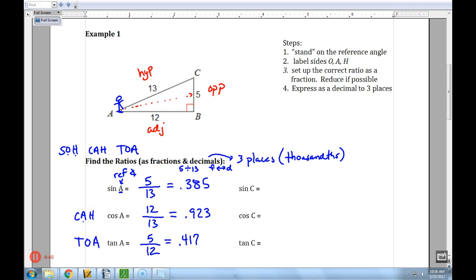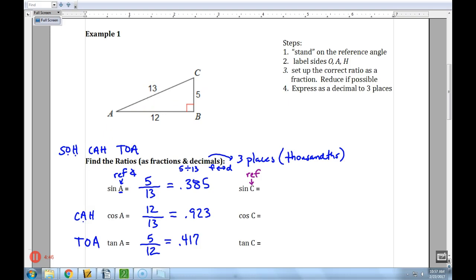Now for the second column over here, the game changes slightly. I'll do these in purple. Now our reference angle, or our point of view, is at C. So I'm going to erase my guy, and my adjacent and my opposite are going to change.